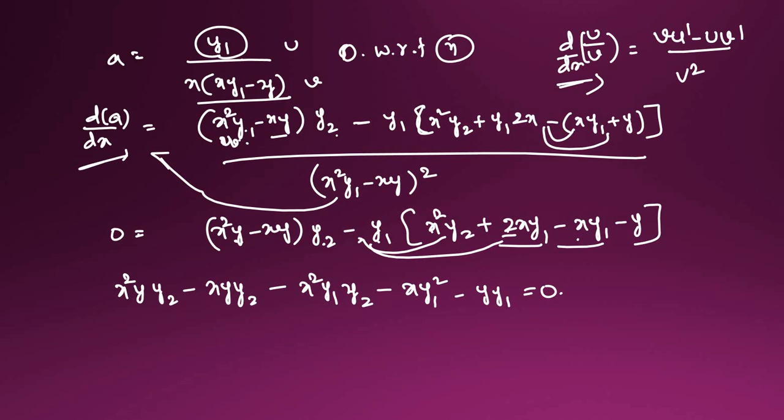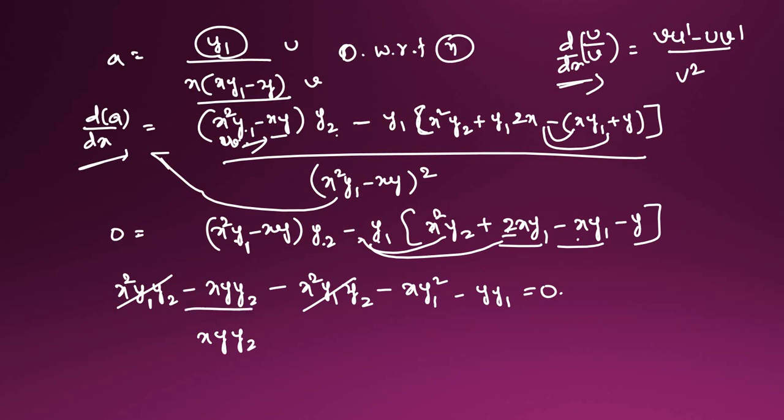Nothing there to cancel now. So here x square y1 y2. Here y1 is there now, so y1 we have to write here also. So this x square y1 y2 will get cancelled here. So what will remain: xy into y2.